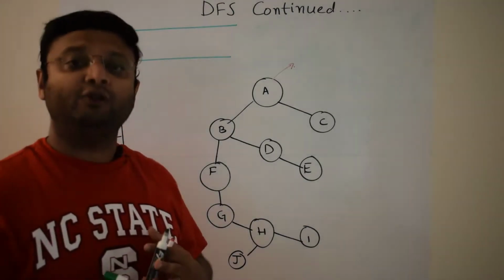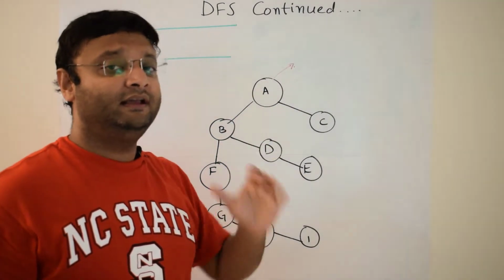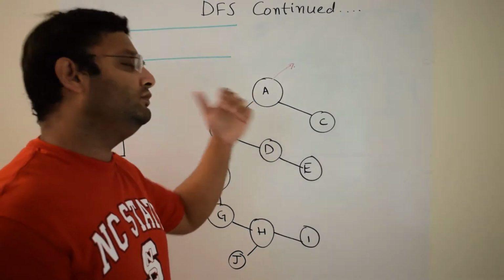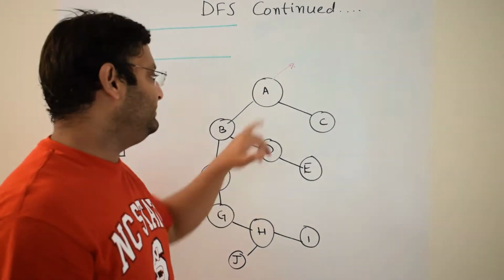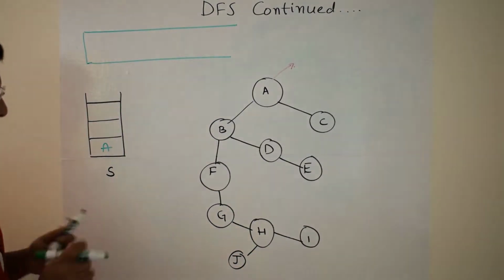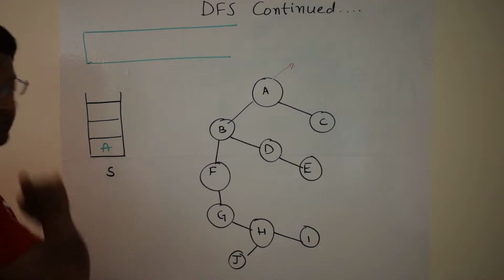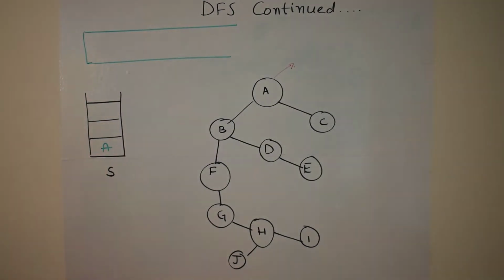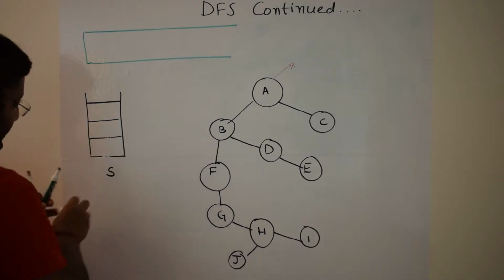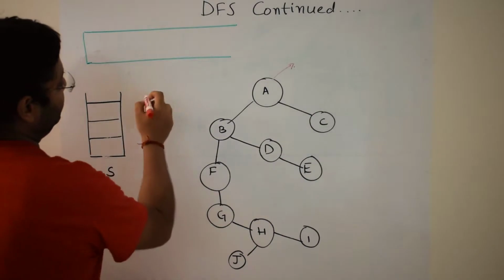Now what do I do? So this is my initial condition. Whenever you start applying DFS, you will have to give a node from where you will start. So in this case, let us start with A. I have pushed A into the stack. Now I will pop this A out.